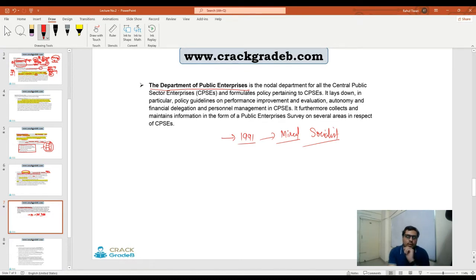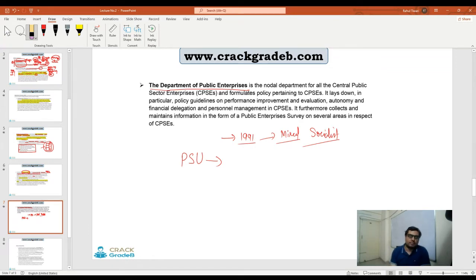One thing I just want to tell you, most of the time we use this word PSU, right? And we think that there is no difference between CPSU or PSU. Actually, in India, not only the government of India, but states can also have their own public sector enterprises, right?